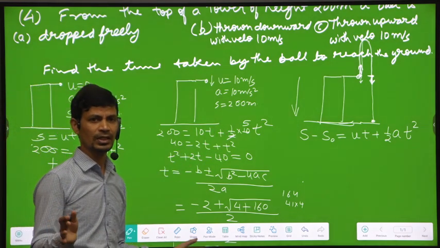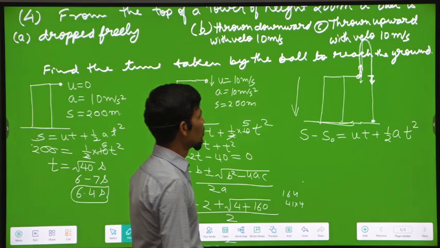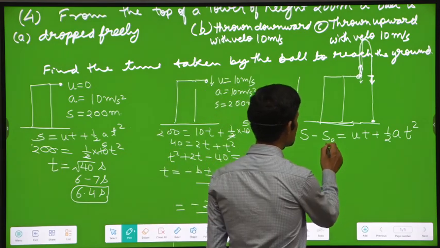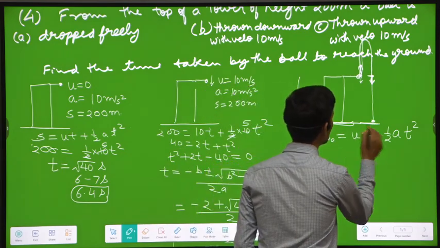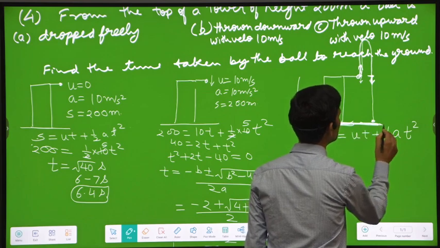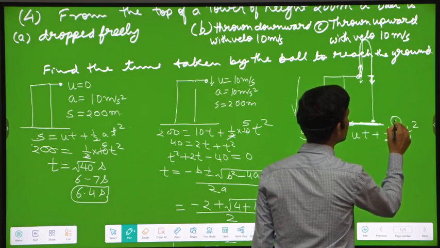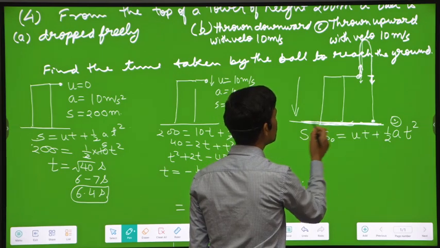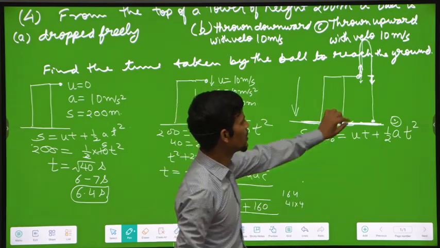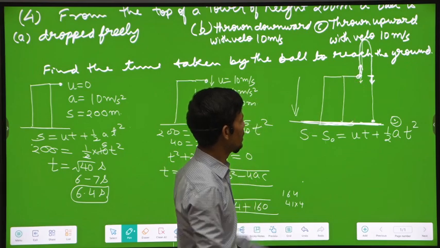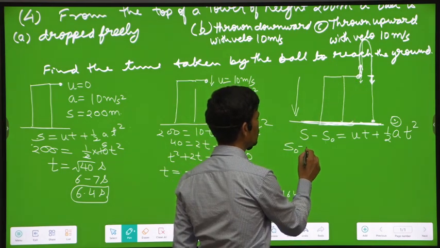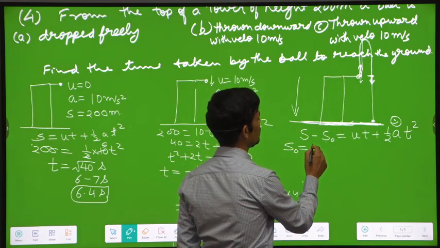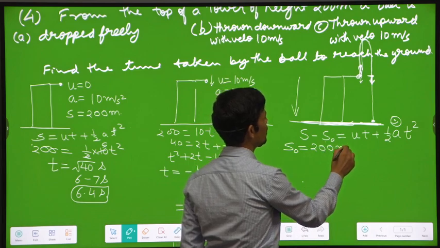So here, this S naught, if we are observing the motion with respect to the ground, this is the zero position for us and it is already at some height. So S naught here is this 200 meter.